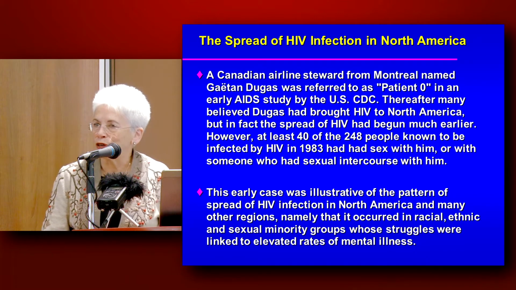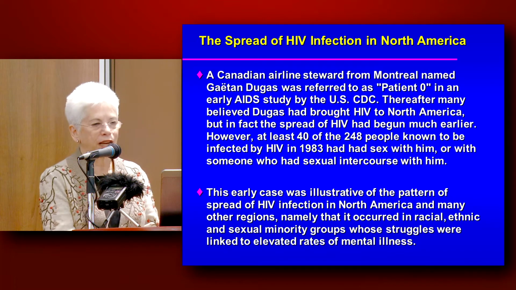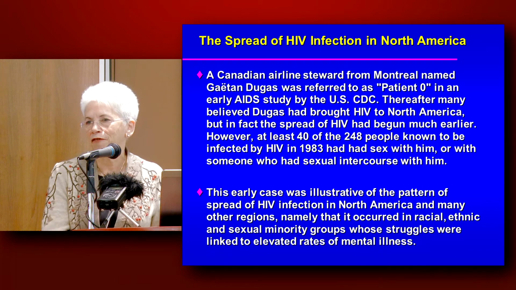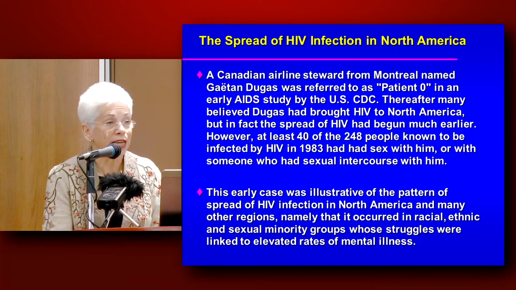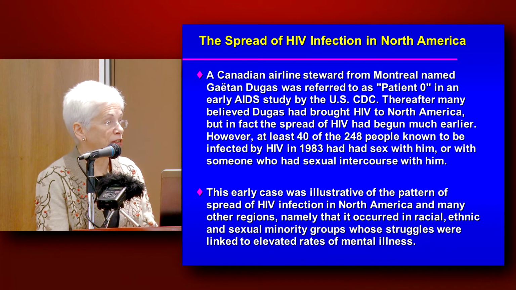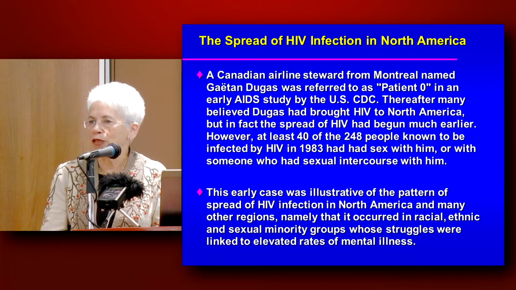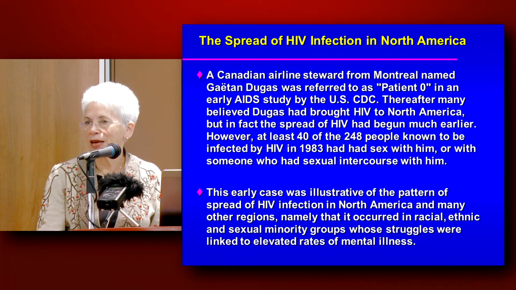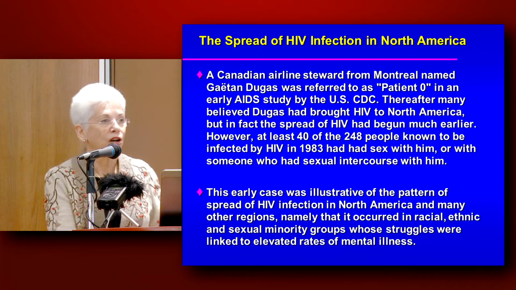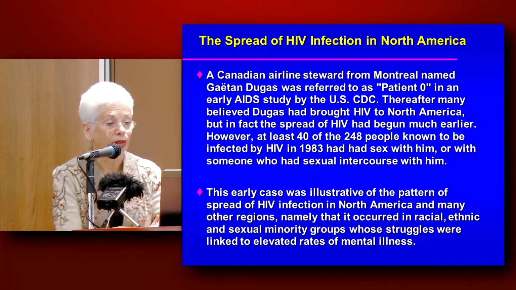But what was true was that of the initial 248 people known to be HIV infected in 1983, and in 1983 there was no HIV antibody test, so known to be HIV infected usually meant seriously medically ill, that was when diagnosis was made, 40 of them had either had sex with this gentleman or had had sex with someone who had had sex with him.